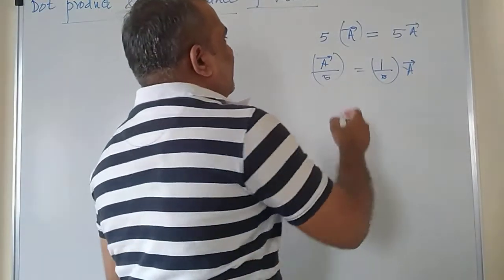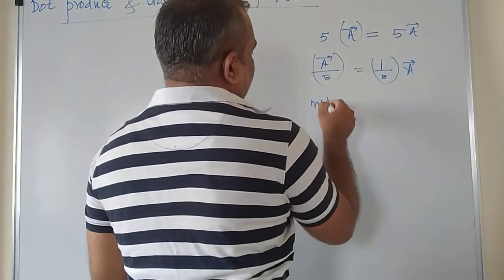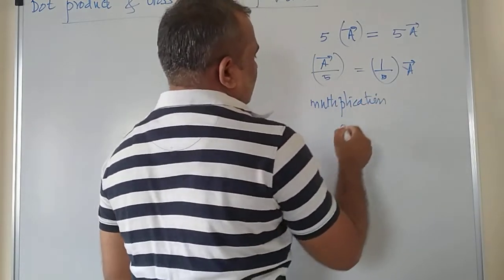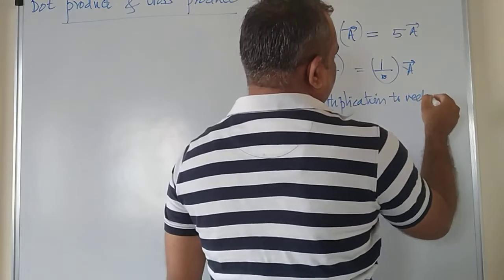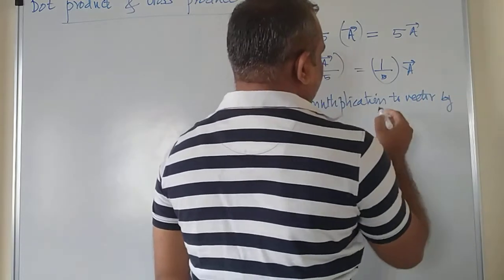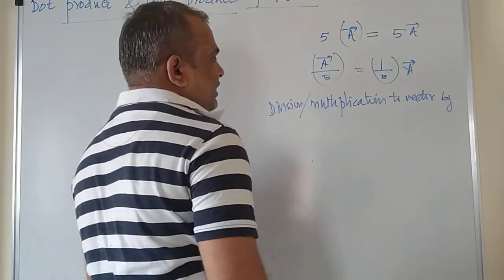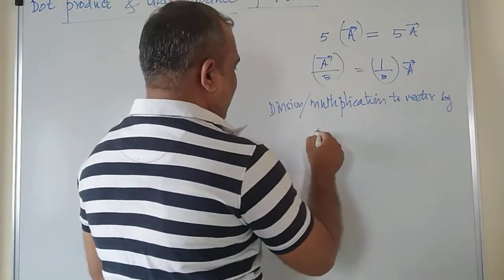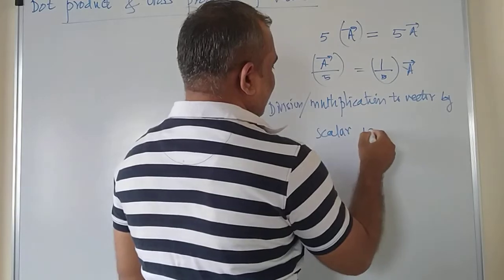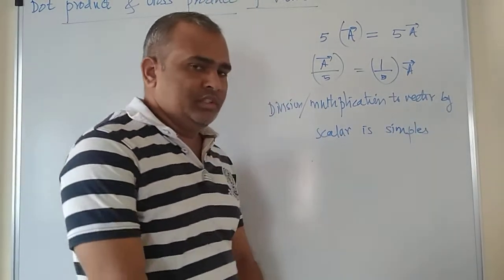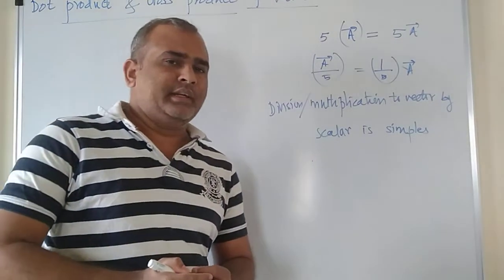Therefore, multiplication or division of a vector by a scalar is simple as per our algebraic rules. There is no difference, isn't it?